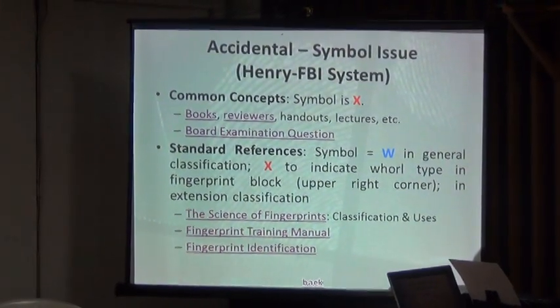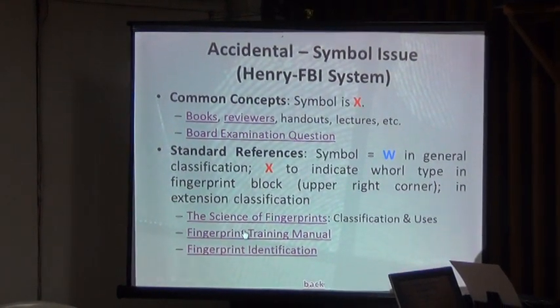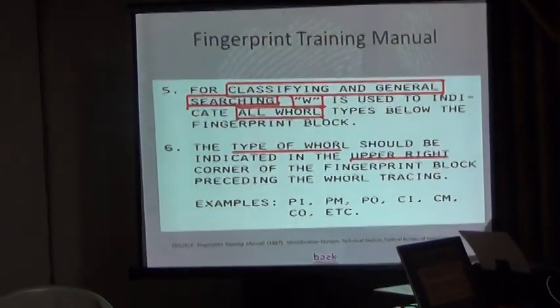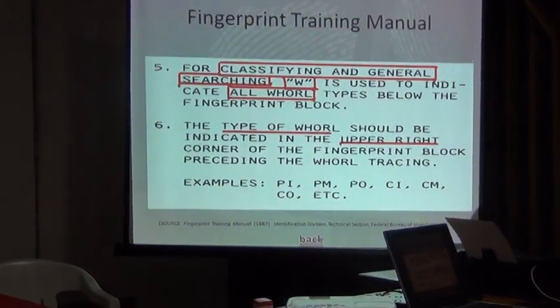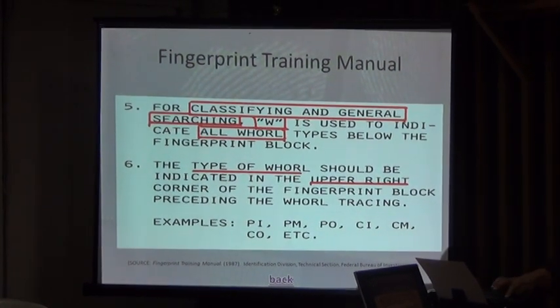The update of the Science of Fingerprints of the FBI was updated in 1987. For classifying and general searching, W is used to indicate all word types below the fingerprint flag.